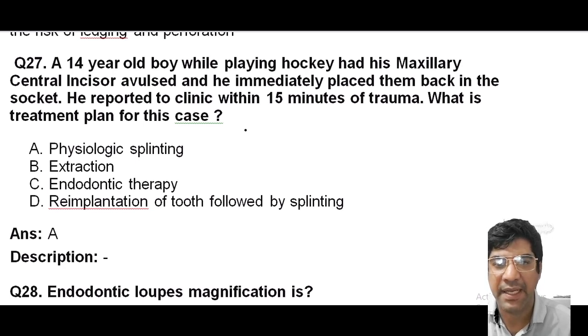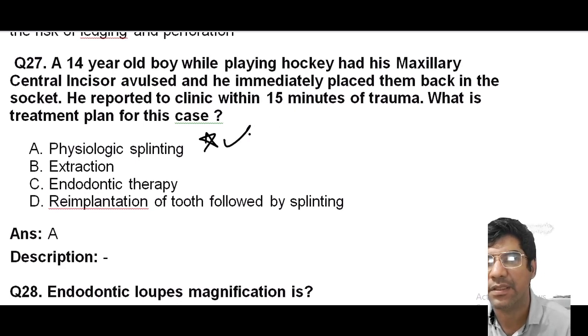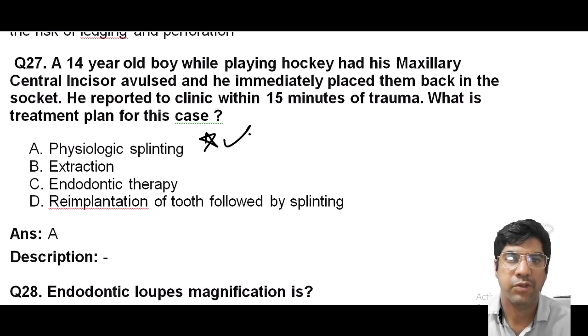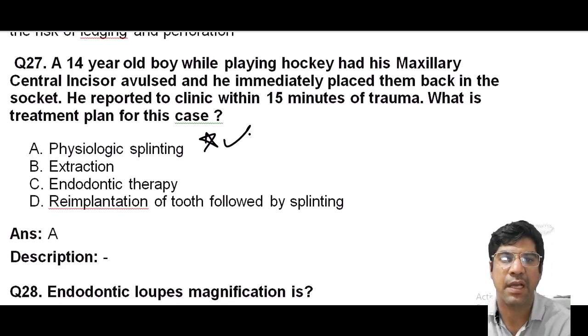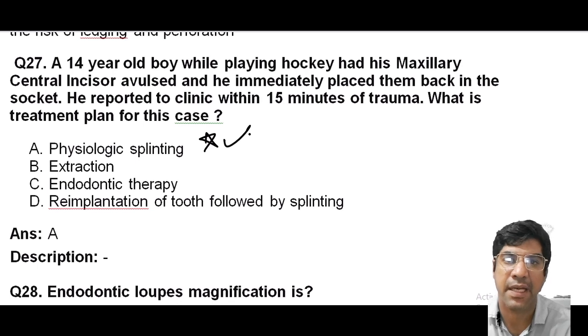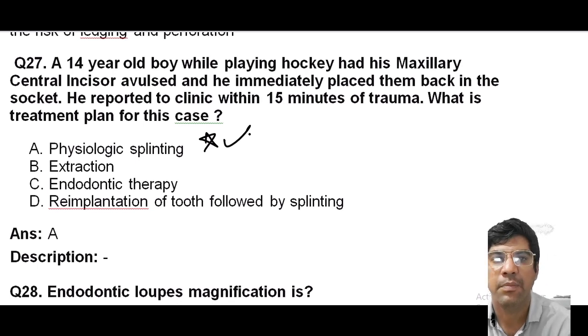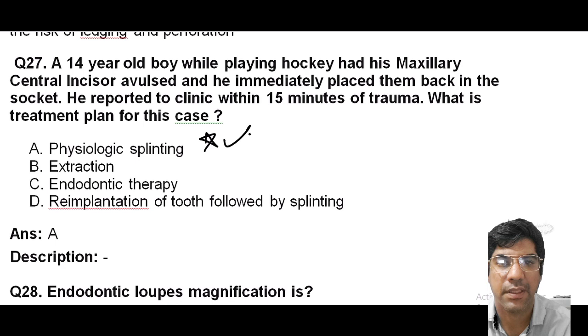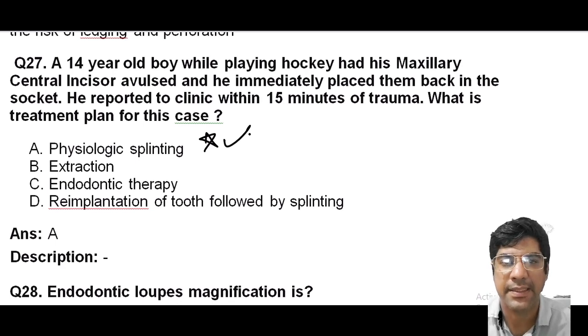Physiological splinting refers to stabilizing the reimplanted tooth in its original position to allow for natural healing and reattachment of periodontal ligament fibers. The periodontal ligament that attaches the tooth to the bone needs time to reattach and heal.